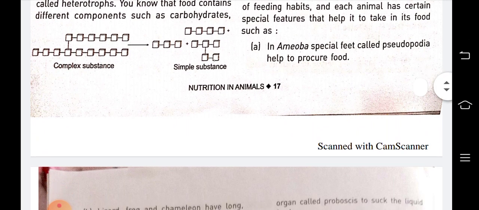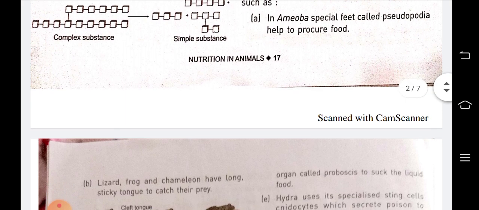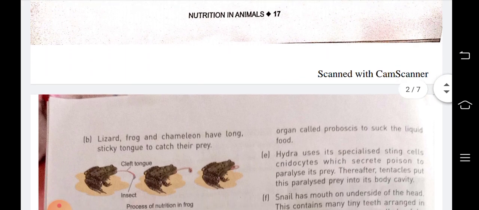In amoeba there are small outgrowths which are known as pseudopodia. Here the P is silent. It is the pseudopodia which help to procure food, which help to get food.